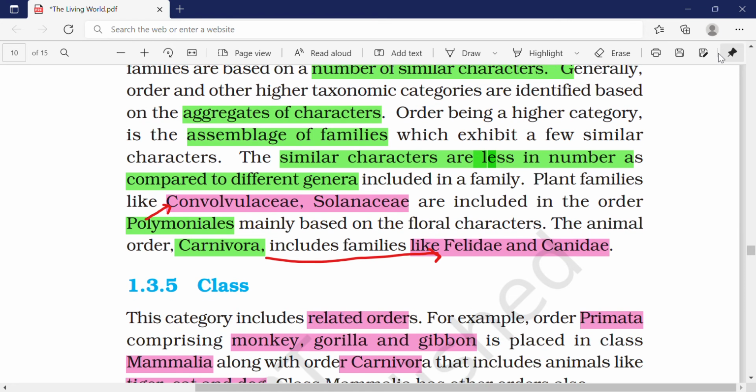Now, plant families like Convolvulaceae and Solanaceae are included in the order Polymoniales, and the animal order Carnivora includes Felidae and Canidae. So Felidae and Canidae are families, and these are included in the order Carnivora, and Convolvulaceae and Solanaceae are families. These are included in the order Polymoniales.